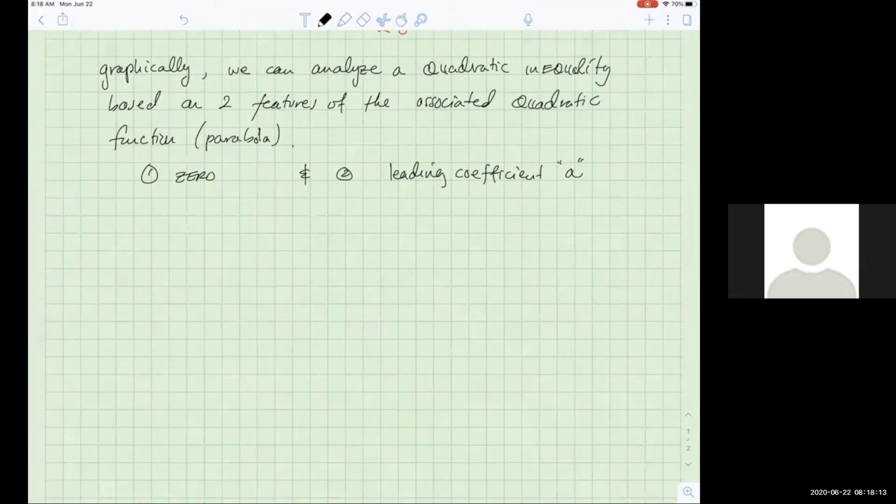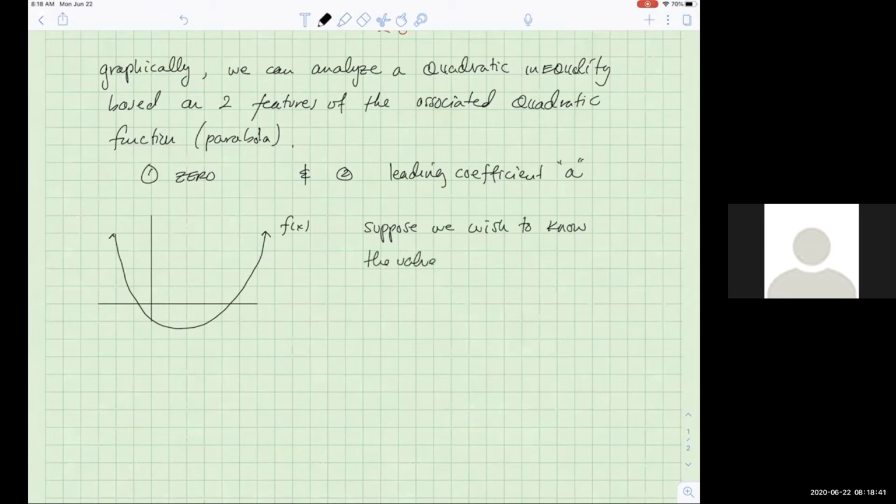So what are we talking about here? If we take a look at a random graph of a parabola, I'm just going to draw some stuff here. Here's f of x. And suppose we wish to know the values of x for which f of x happens to be greater than or equal to 0.